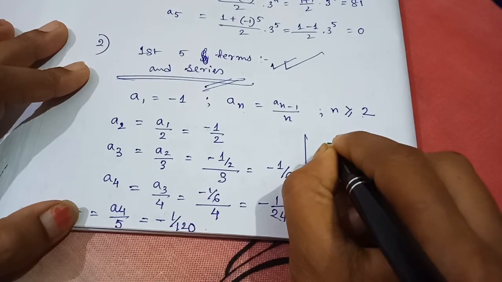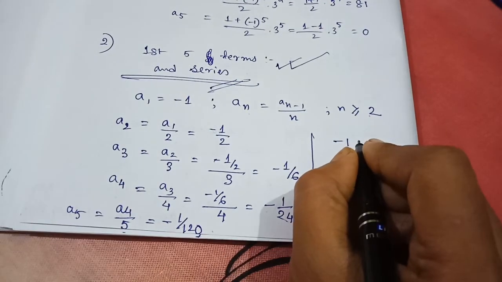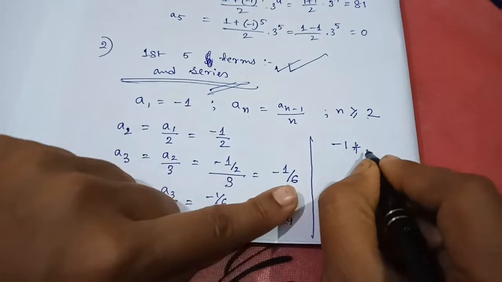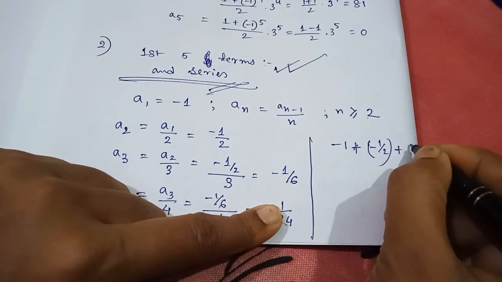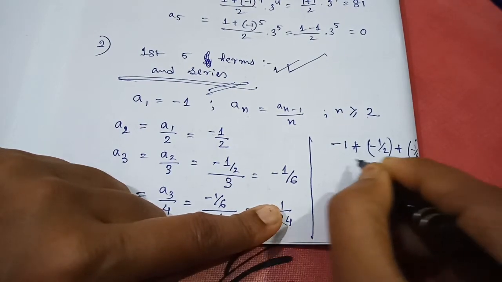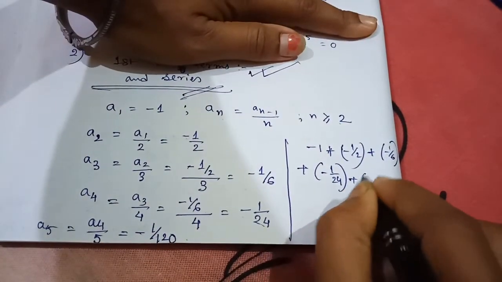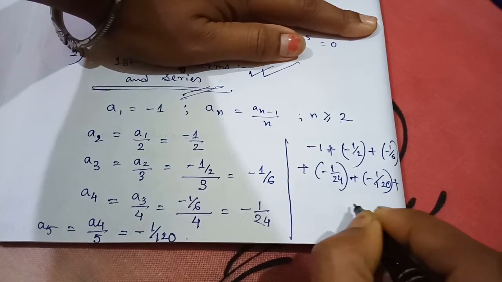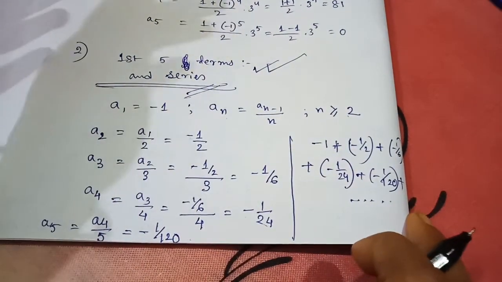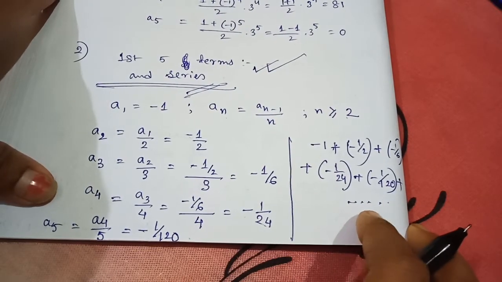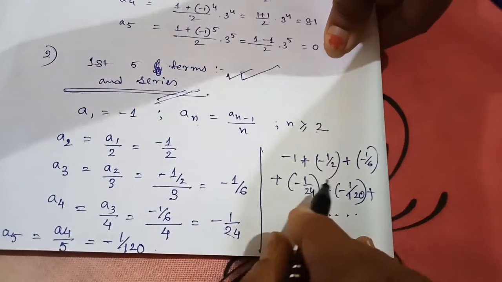That is, it will be like this: minus 1 for a1, plus a2 equals to minus half, you keep it always inside the bracket, plus minus 1 by 6 plus minus 1 by 24 and then plus minus 1 by 120 plus dot dot dot, because the sequence is not given as a finite sequence, so we need to give these dots after 5 terms. So these are 5 terms and the corresponding series.